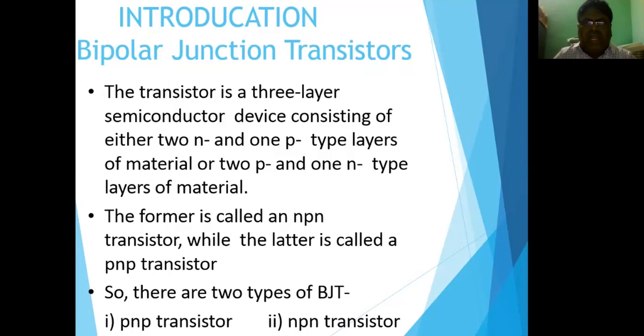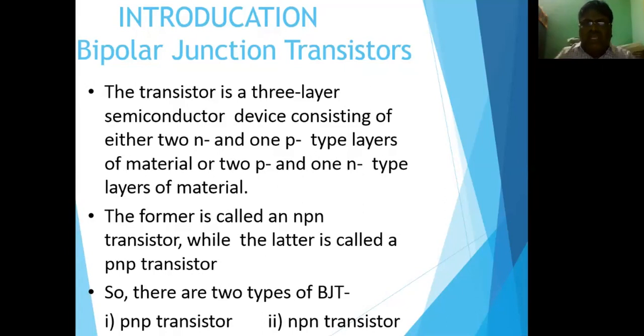So here we have N-type semiconductor and P-type semiconductor. Already in diodes, I explained N-type and P-type semiconductors, positive and negative. In N-type semiconductor, the majority charge carriers are electrons. In P-type semiconductor, the majority charge carriers are holes.